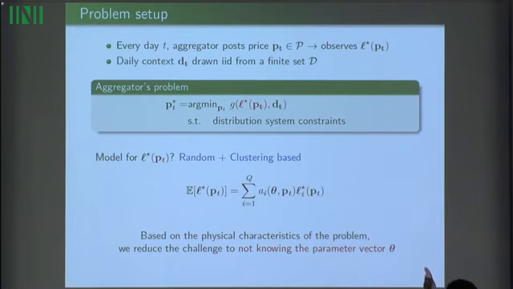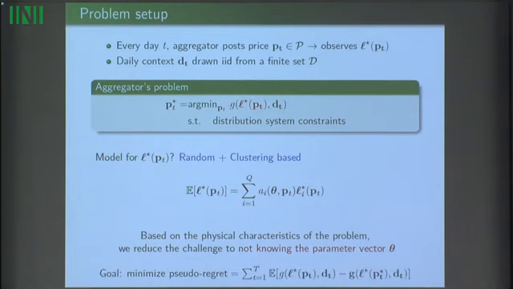So if you have, and I'm trying to minimize my, okay, so what am I trying to do? This is my goal. I'm trying to minimize the difference between my cost and the cost if I knew the parameter theta. If I know the parameter theta, I can design the best price, right?